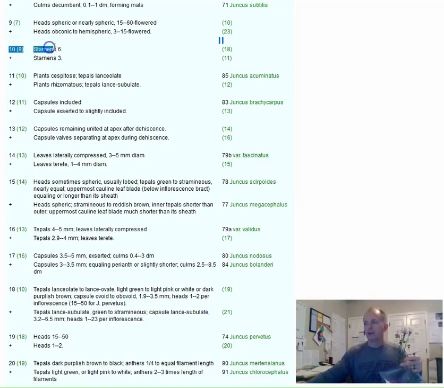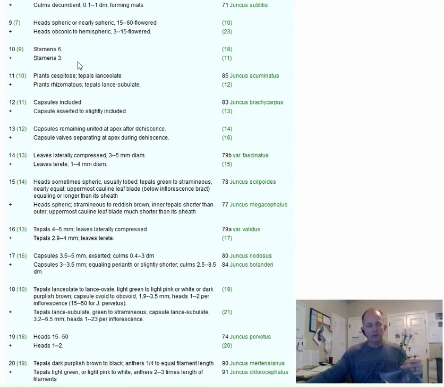All right, does it have 6 stamens or does it have 3 stamens? All right, well, I looked ahead. I admit, I looked ahead. And this number 18, if you go in there and you look, it's a bunch of stuff that is absolutely not this. Okay, so stamens 3. And that's one of the difficulties.